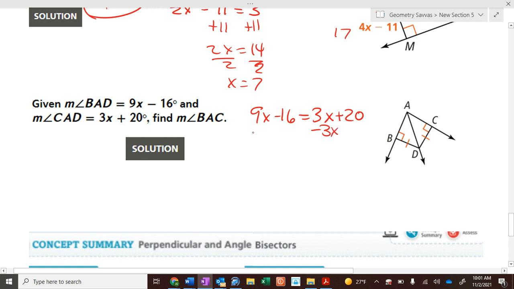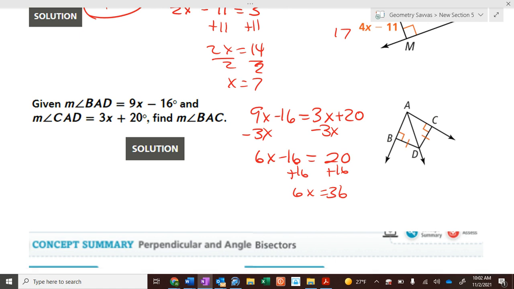Subtract the 3x from each side. So 6x minus 16 equals 20. Now what do we do to each side? Add 16. So 6x equals 36. And then what do we do to each side, Olivia? Divide by 6. X equals 6.